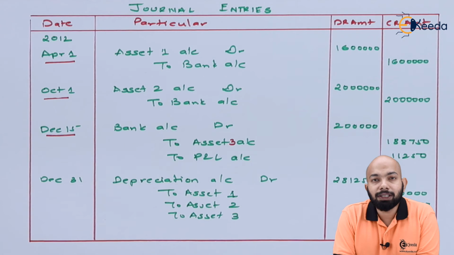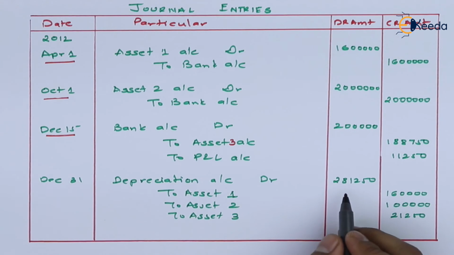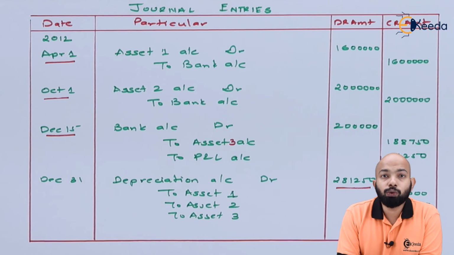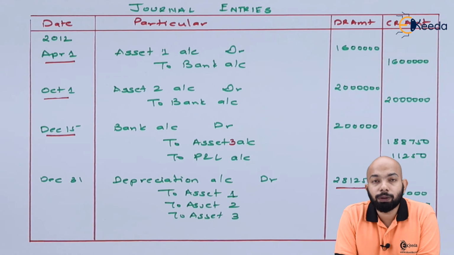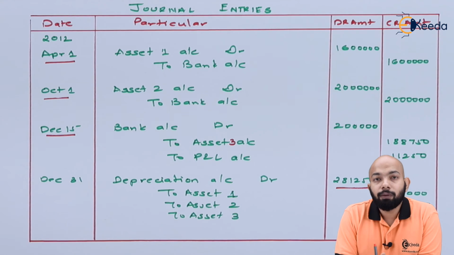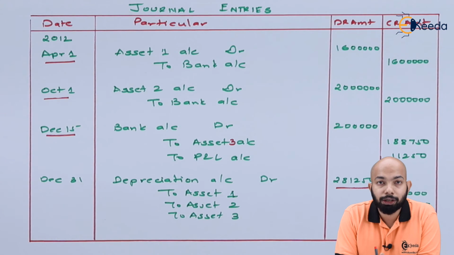So the total depreciation provided for that specific year will refer to the amount mentioned under the depreciation tab. That is 2,81,250. So the total depreciation that has been provided in the year 2012, that means April 2012 till March 2013, is 2,81,250.